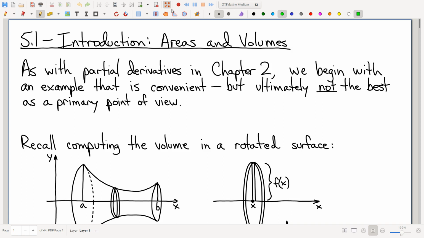So again, full disclaimer: don't hang your hat on what you're about to see here. This is something we're going to need to compute stuff, but there are essential, bigger ideas that are way better that we're going to come up with a little bit later on, as in probably Wednesday. Okay.